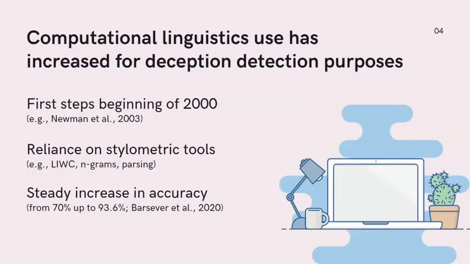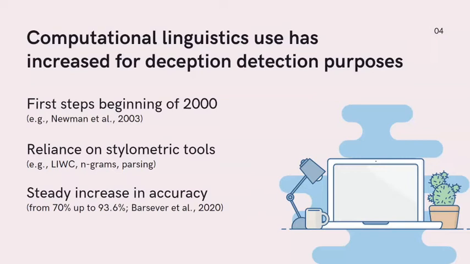Computational linguistics has been used a lot in the past years. The foundational study for computational linguistics and deception detection is Newman and colleagues 2003, who first relied on LIWC, the software that is mostly used to work on computational linguistics and deception detection. They rely on different tools. I said LIWC is one of them.